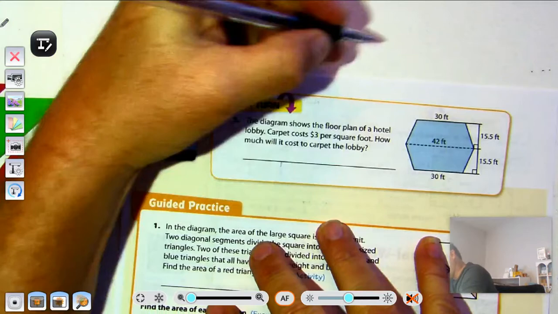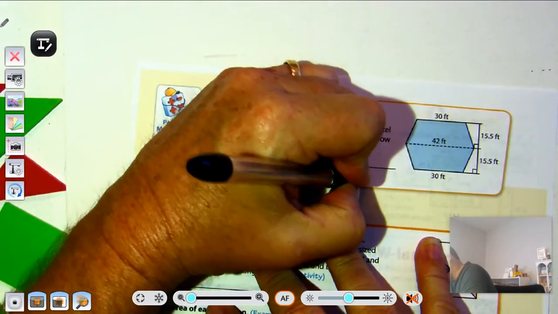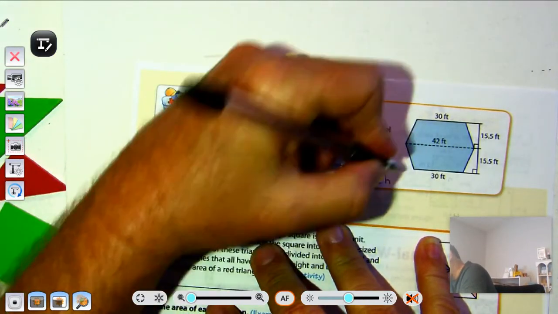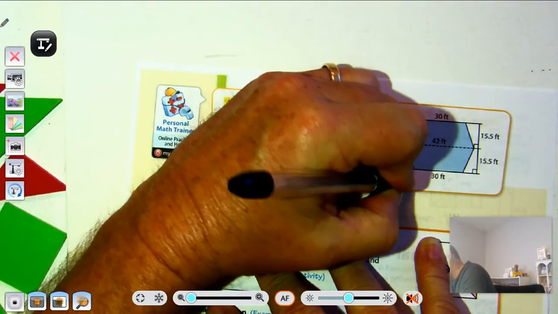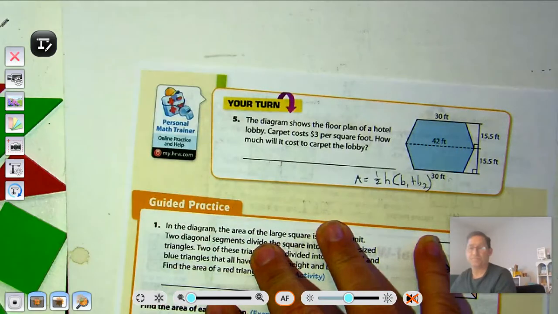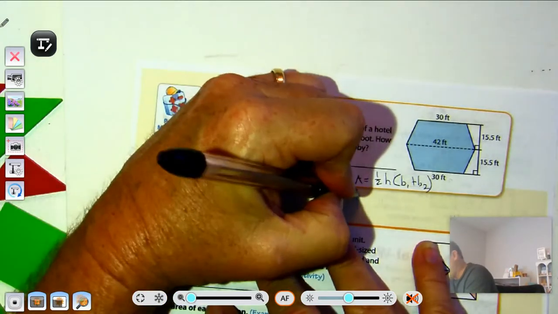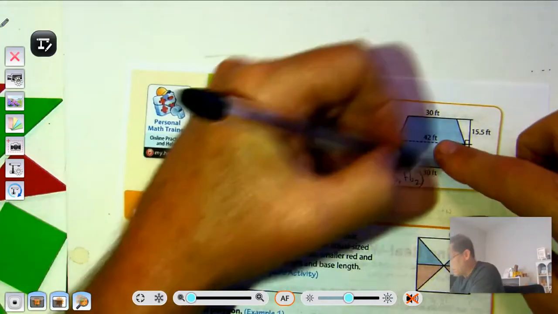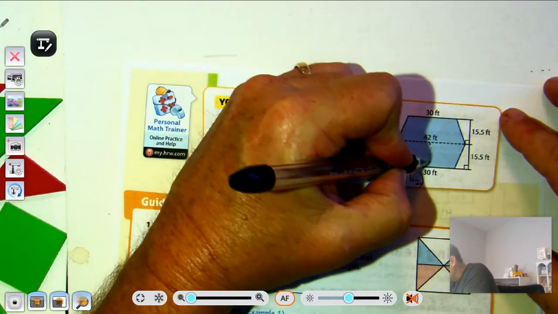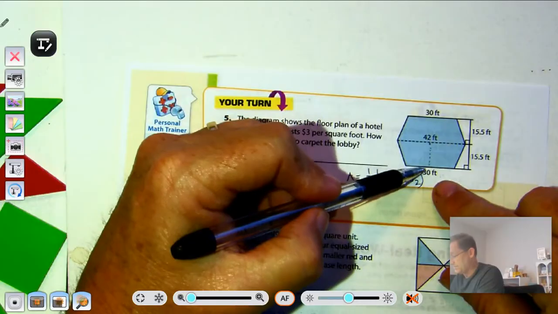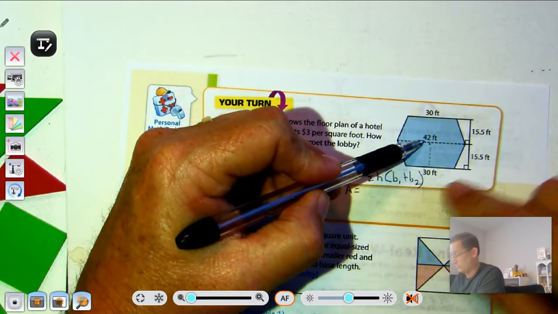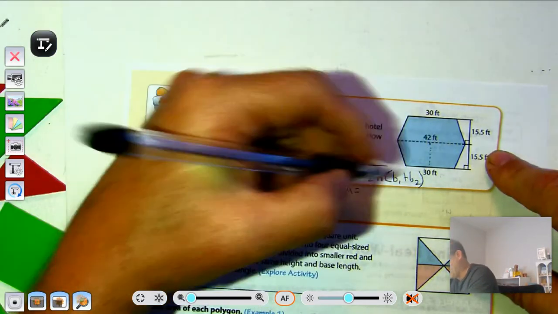So for the trapezoid, we know its area equals half the height times the sum of base 1 and base 2. So what's the height of our shape? So how high is it from this base to this base? Well, they tell us right here, 15.5.